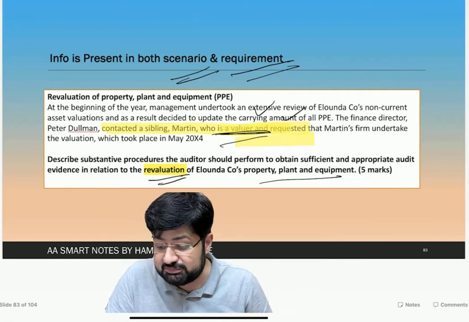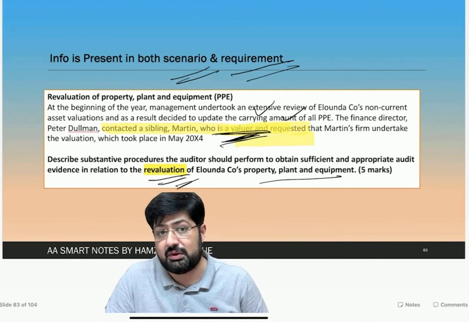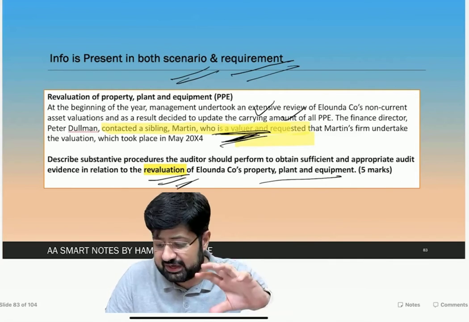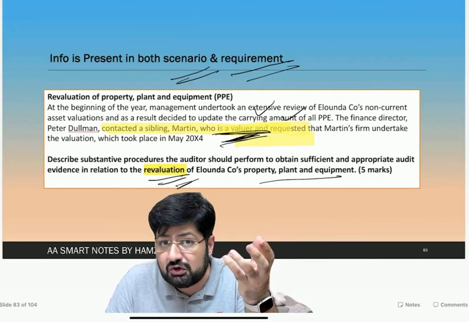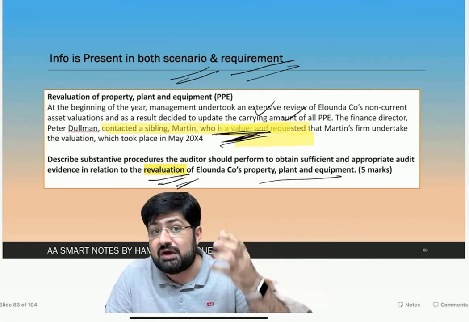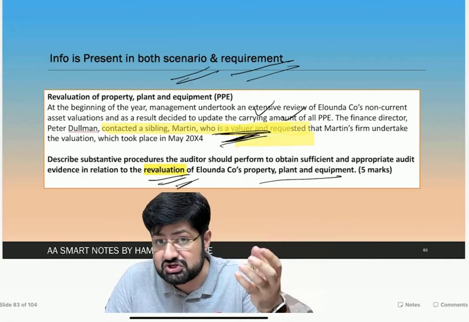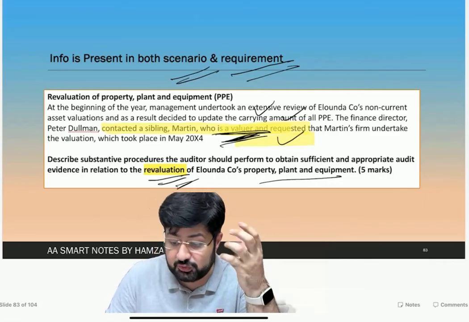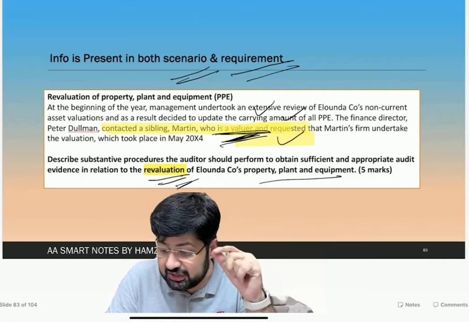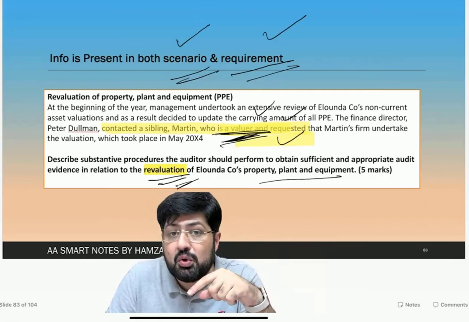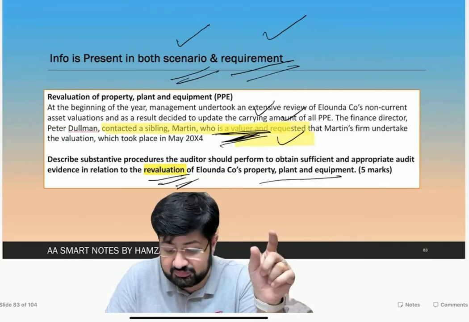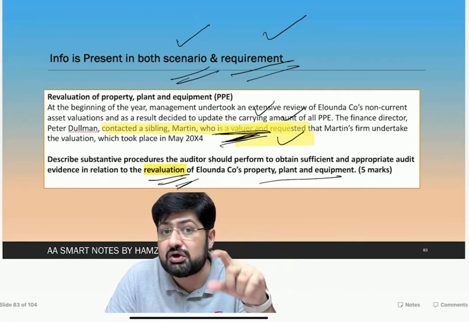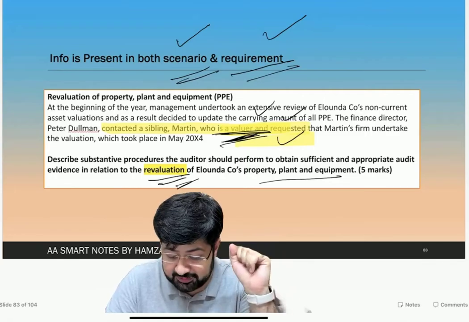So you can write some generic procedures on the revaluation of non-current assets, but you have specific information from the scenario as well. Once again, the scenario and requirements both guide you on the focus of substantive tests, and you cannot go beyond the scope of both.